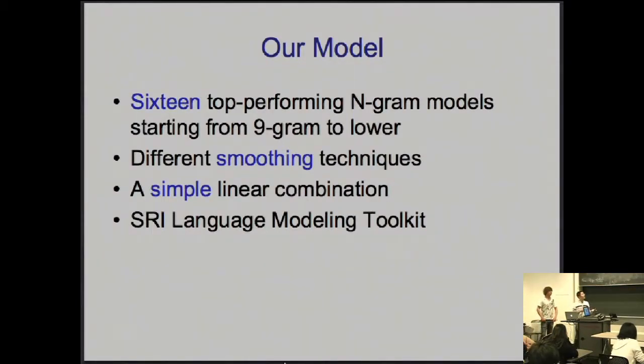We simply compute the posterior because there's a uniform prior on it. For documents, we just sum over the log likelihood, or take the product of the likelihood, of each sentence. That's very simple. We use a language model toolkit because it supports different smoothing methods.